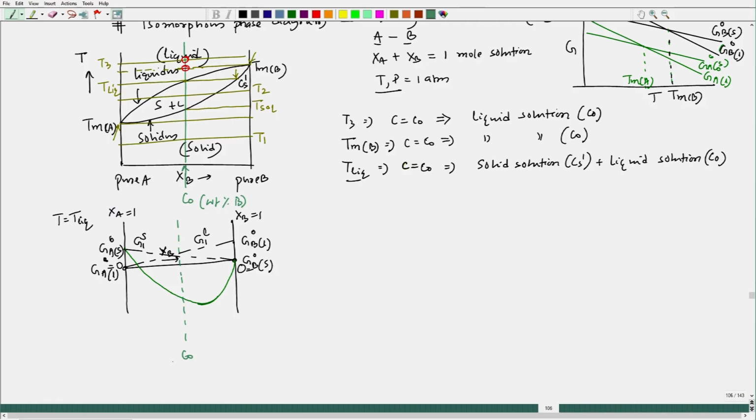This is the C naught composition with respect to B, remember weight percent of B. So, you will see that that line would be exactly, okay, this is G2 solid, which is a liquid solid solution free energy, and the liquid line would be exactly falling here.